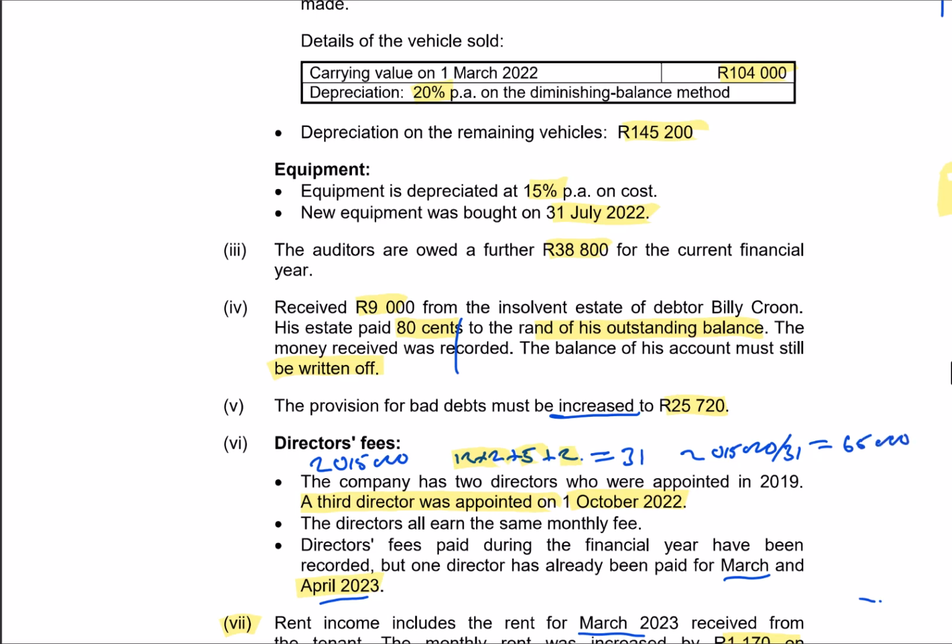Then that was the monthly fee. One director was paid for 2 months. Right, so to get how much was prepaid, that will be 65,000 multiplied by what? By 2, which is equal to 130,000.